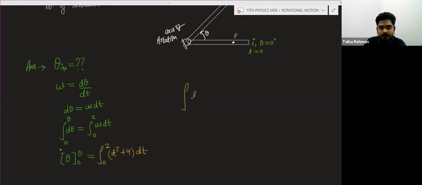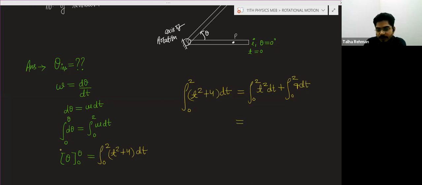Integration of t square plus 4 into dt, and limit of integration is given as 0 to 2. So we can write integral from 0 to 2 of t square dt plus integral from 0 to 2 of 4 into dt.